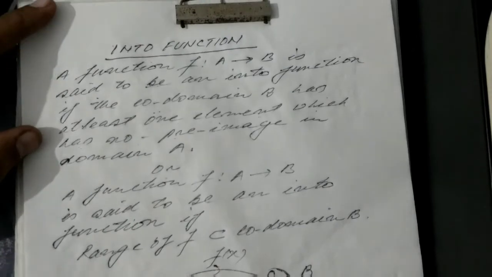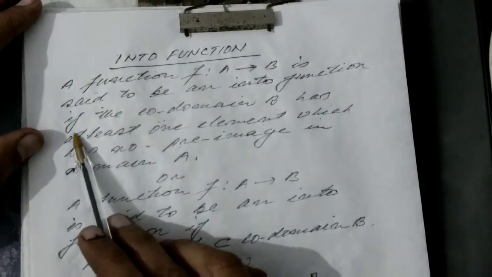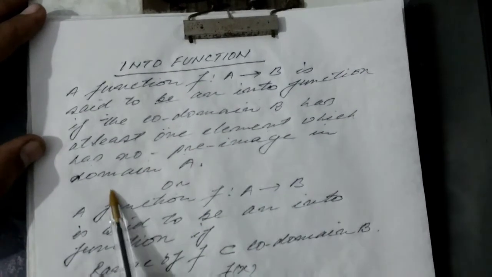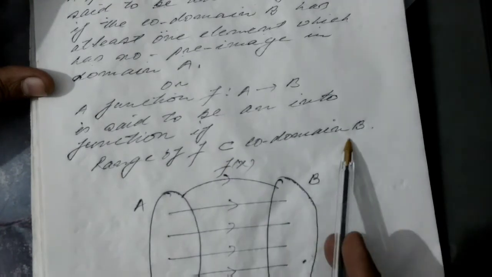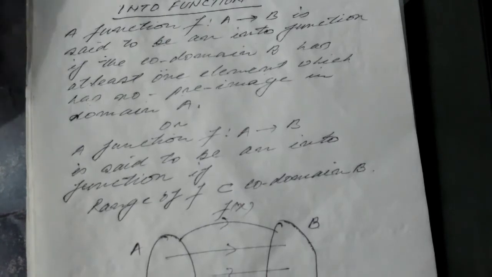Now let us talk about the fourth type of function, that is into function. A function f from A to B is said to be an into function if the codomain B has at least one element which has no pre-image in domain A. Or we may say that a function f from A to B is said to be an into function if range of f is a proper subset of codomain B. Because if codomain B has at least one element which has no pre-image in domain, then range of the function must be one element short of codomain.